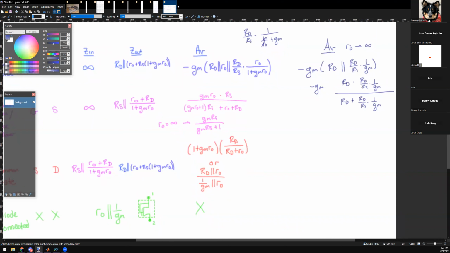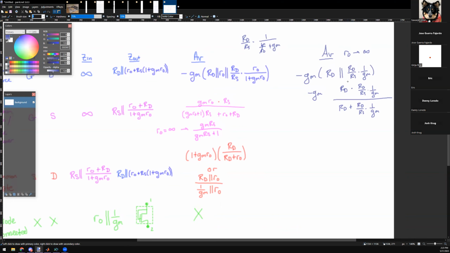It's not the prettiest, but you can for sure cancel out RD from the top and bottom. So now you have negative GM RD over RS times 1 over GM over 1 plus 1 over RS GM.